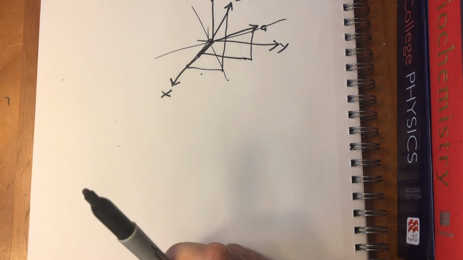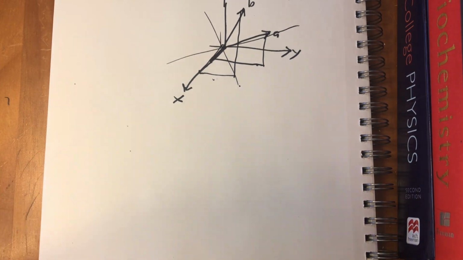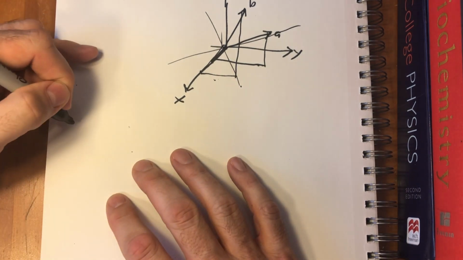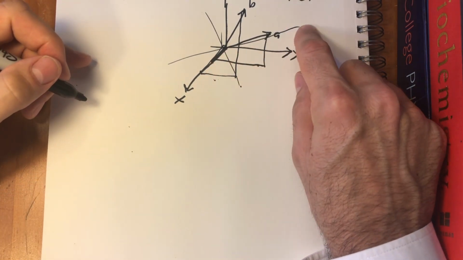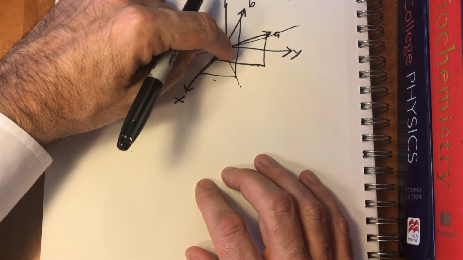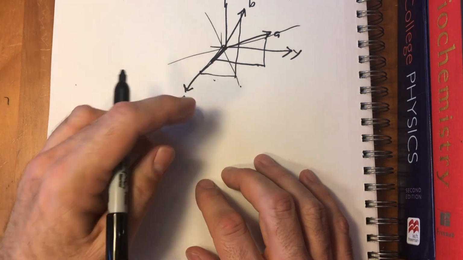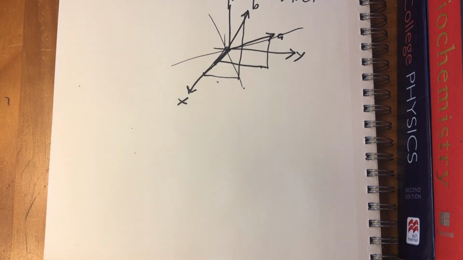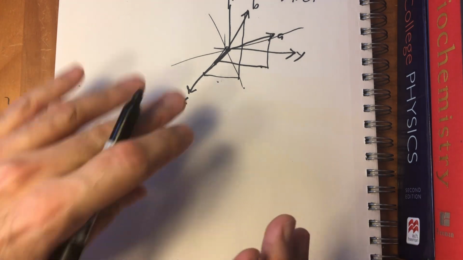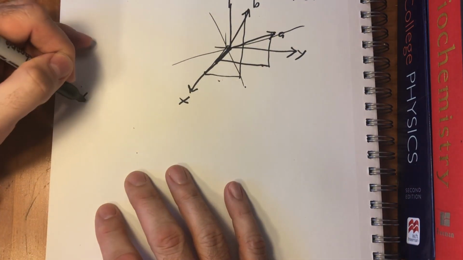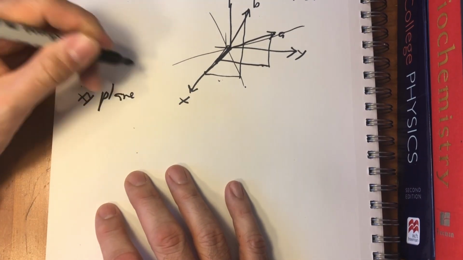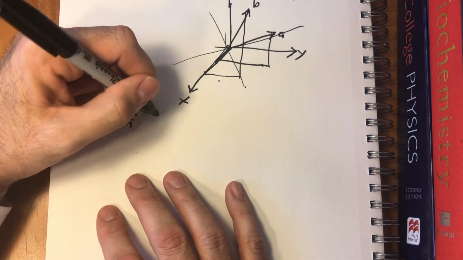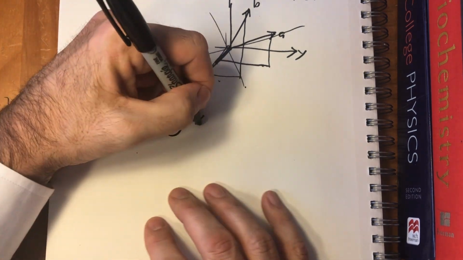We're going to use the bases such that i goes along A, and B is in the same plane, perpendicular, and then z comes out that way. So we're putting these two vectors in the xy plane with A along the x-axis.